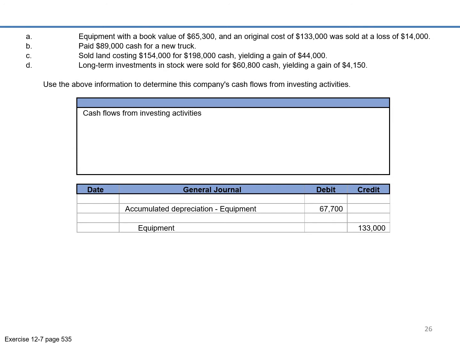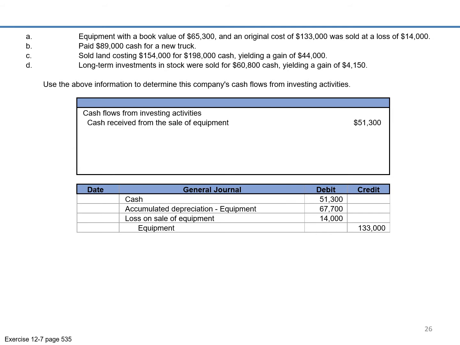I'm going to remove that from the books, right? We have a loss of 14, so we need a debit of 14. In order to make our debits equal our credits, that must mean that we got cash of $51,300 from our sale of our equipment. So cash received from sale of equipment is going to increase our investing activities, right?